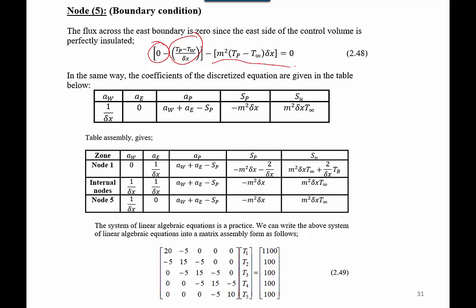Again, rearranging equation 248 and putting it in the general discretized form gives this table with A west 1 over delta x, and A east equals 0, and A P equals A west plus A east minus SP, and SP equals minus m squared delta x, and SU the same value as given in the internal nodes.